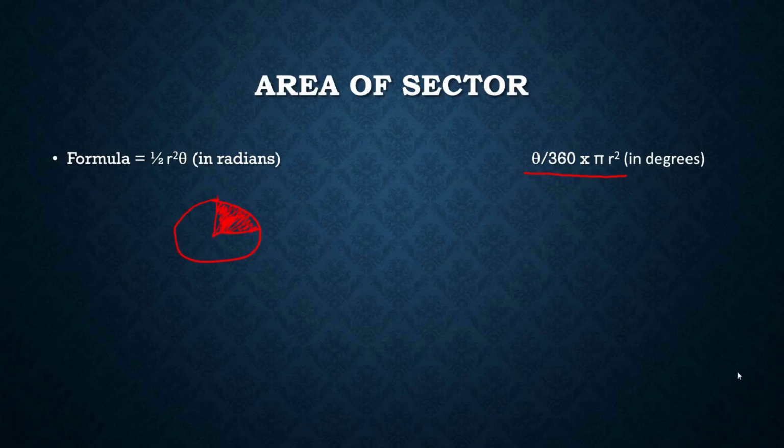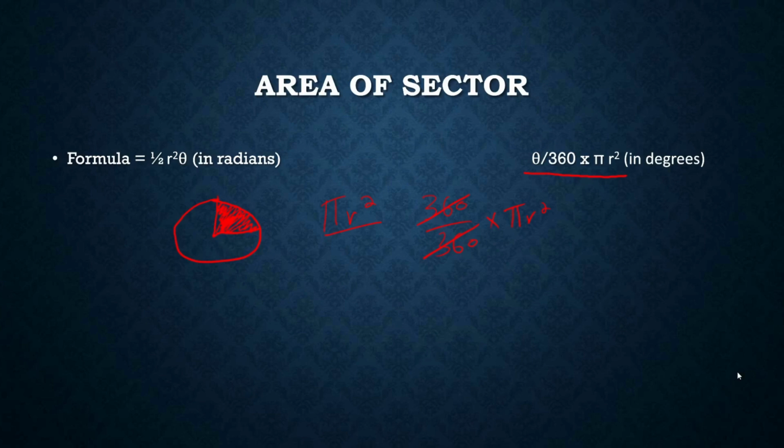When you take pi r square, you are considering the whole circle, which is basically 360 over 360 into pi r square, and this cancels out. So the whole circle is considered as the sector over there.